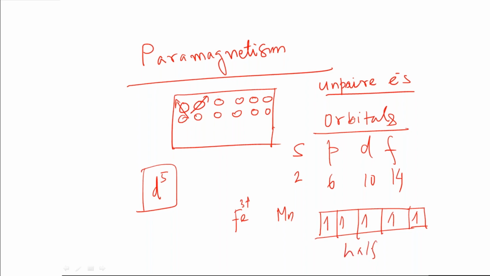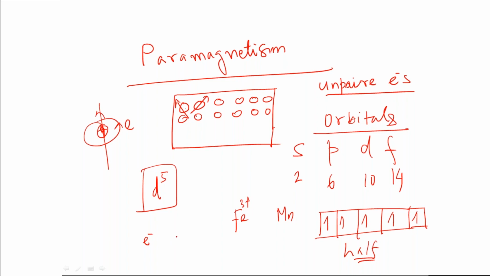Actually in the d there should be 10 electrons, but there are 5 electrons. This is half filled. So when it is half filled, what happens? It has net dipole moment.